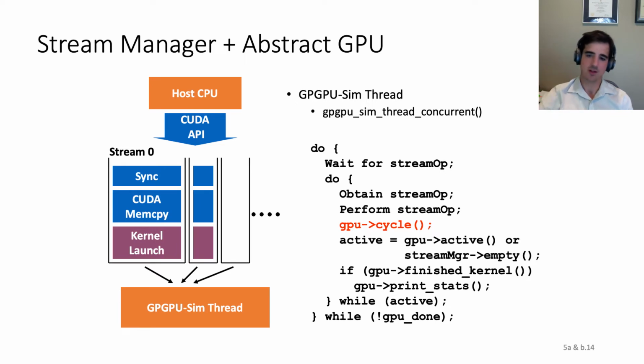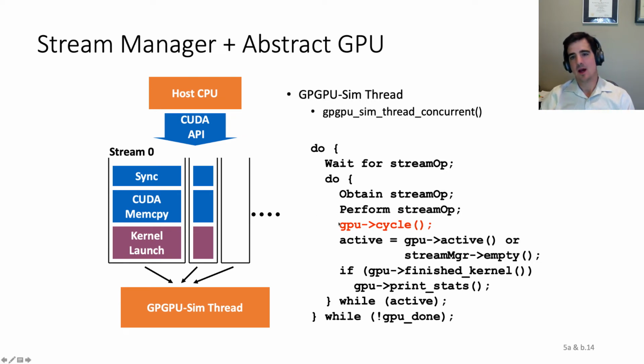If we had it all on one thread, then we would try to do the first kernel in GPGPU-Sim, but we wouldn't actually get the other kernels queued up because they'd be blocked behind the kernel that you're doing right now. So in order to avoid that blocking and allow the CPU to continue asynchronously, to give us more GPU work so we could simulate something that's more like what's actually happening in the real GPU, we have a separate thread for all of the GPU simulations.